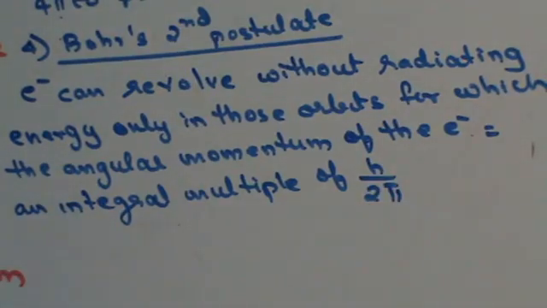Only if the angular momentum is an integral multiple of h by 2 pi can the electron revolve in the orbit without radiating or absorbing energy.